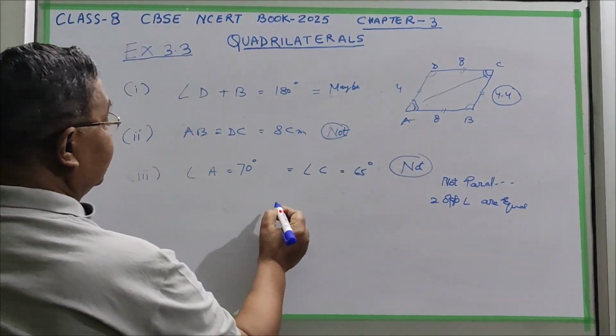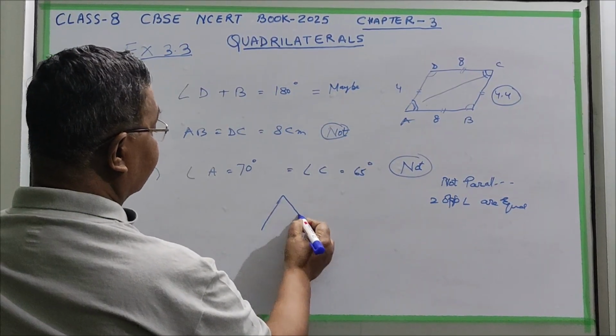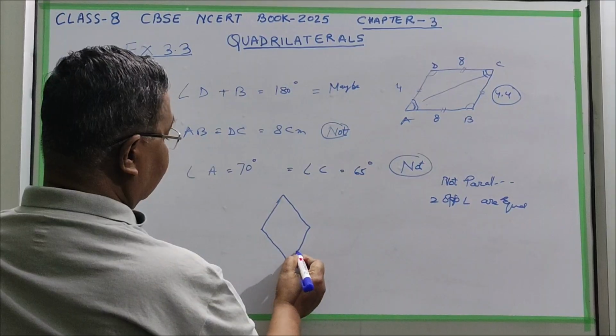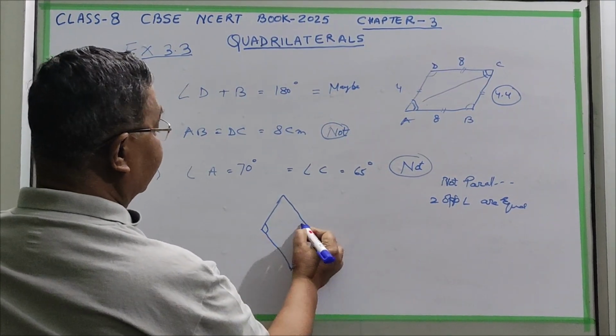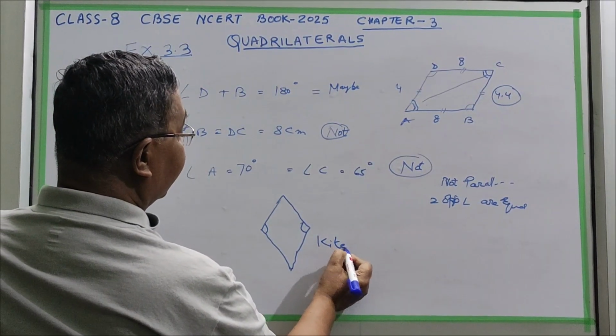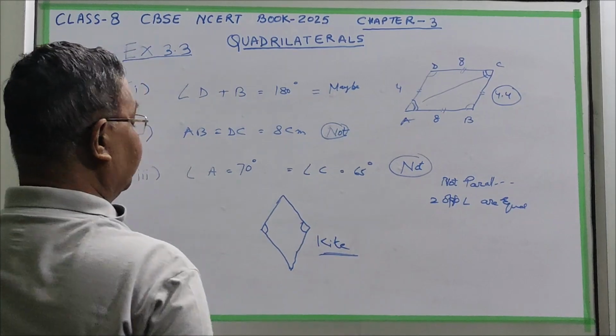So in that case, you can remember the kite. In a kite, it is not a parallelogram. Kite is another shape, another polygon.